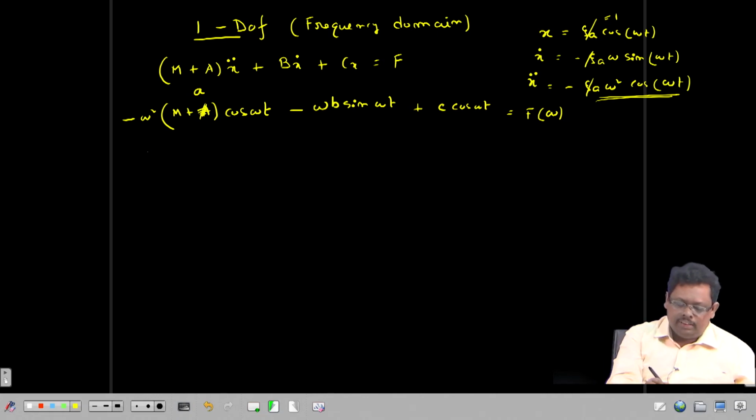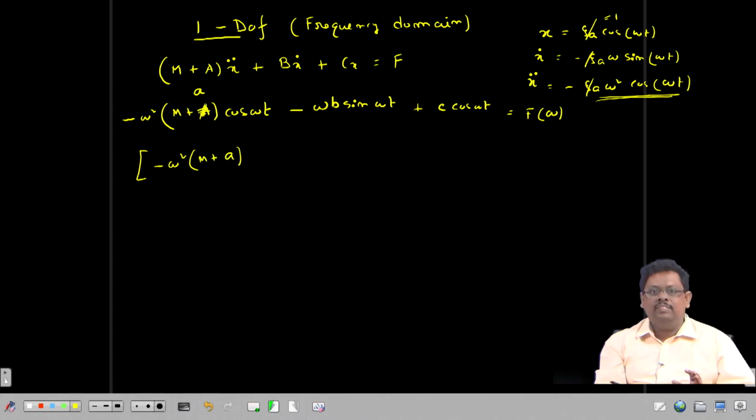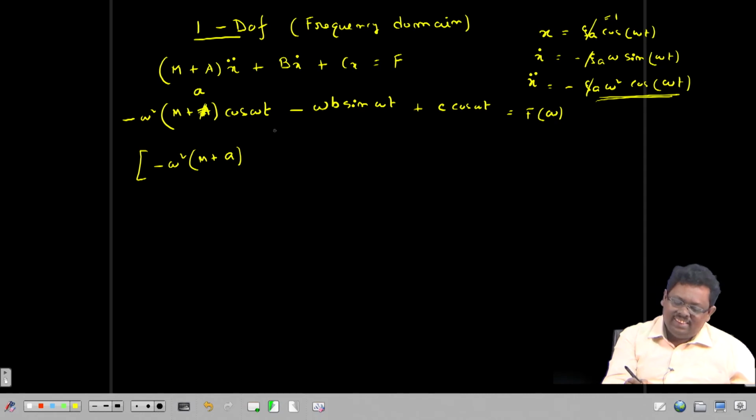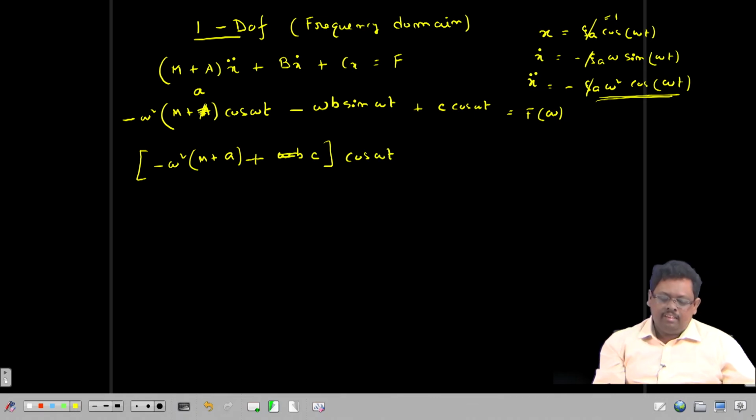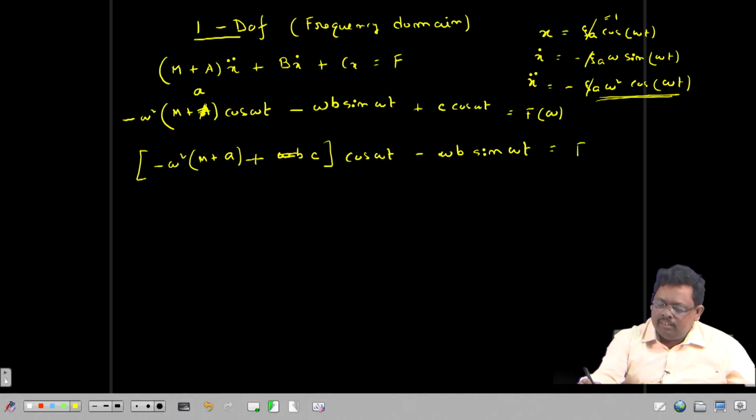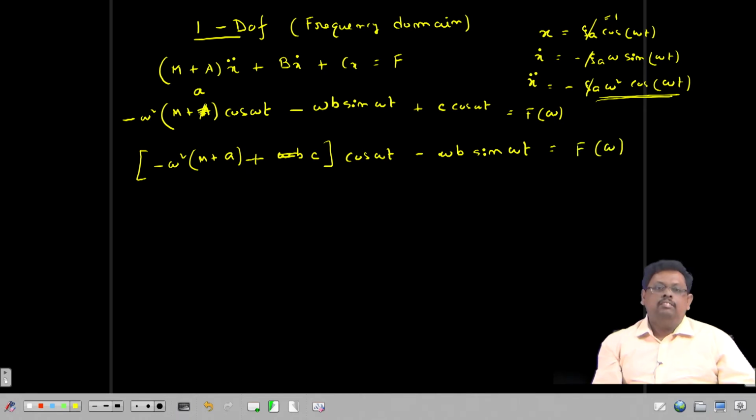Then I can have here minus omega square m, and I need to remember it should be small a, plus c, into cos omega t, and here I have minus omega b into sin omega t equal to f of omega.